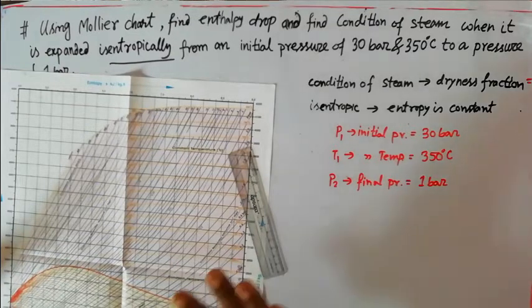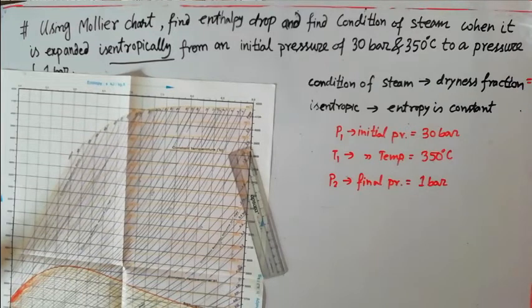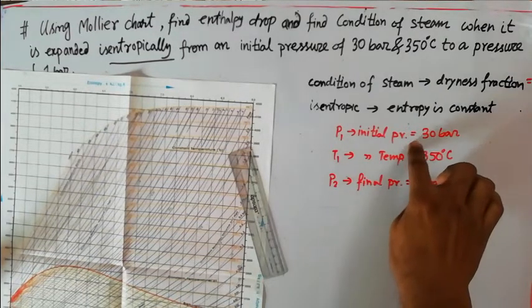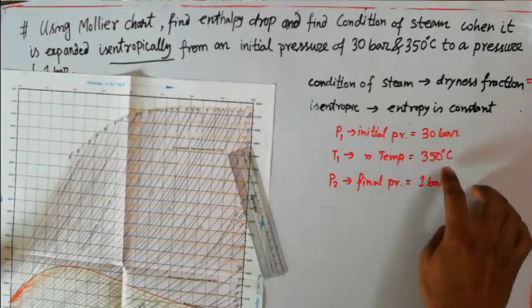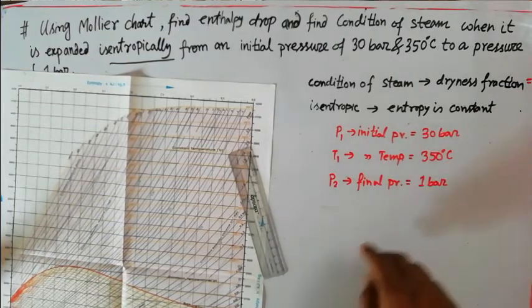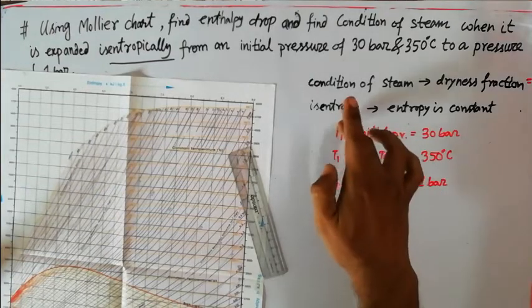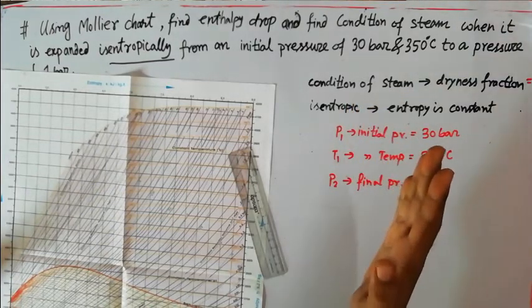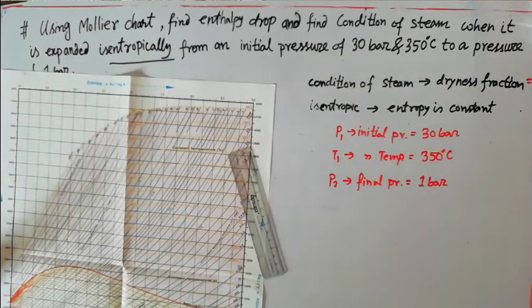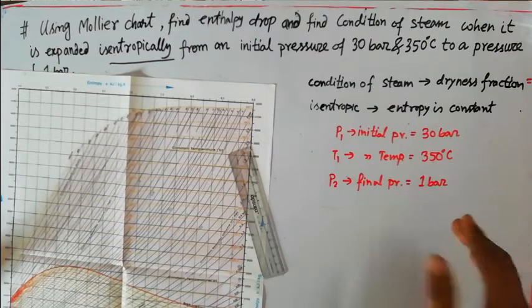The statement is very clear to us now: the steam is being expanded from 30 bar and 350 degrees centigrade, and it is being expanded isentropically, meaning the entropy remains constant during this expansion. And how far is it expanded? Up to 1 bar.